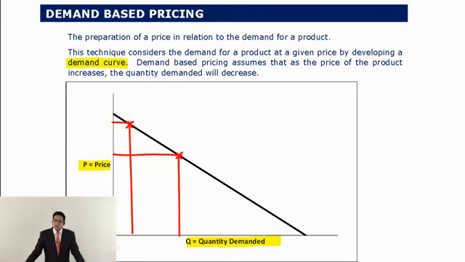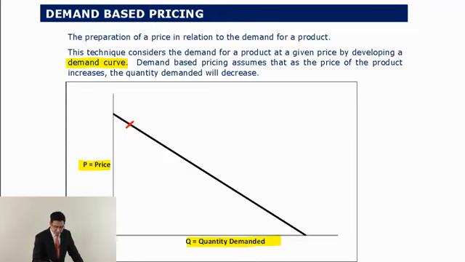You've probably seen this demand curve many times, just to reflect the relationship between price and demand. Now interestingly, a few things we need to understand in order to derive the demand curve.